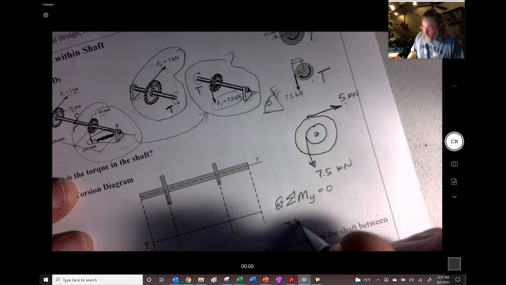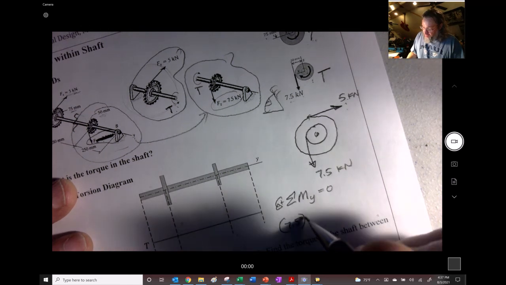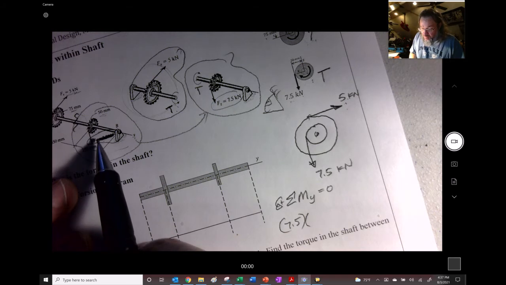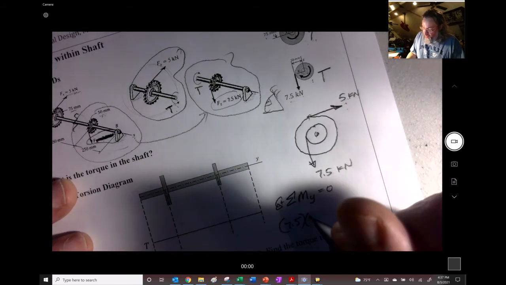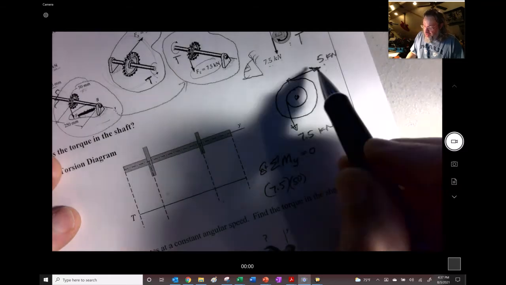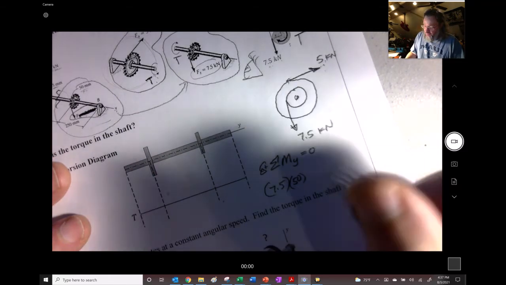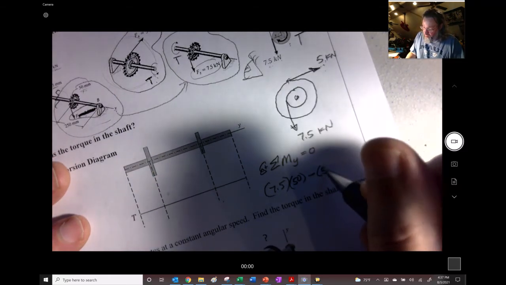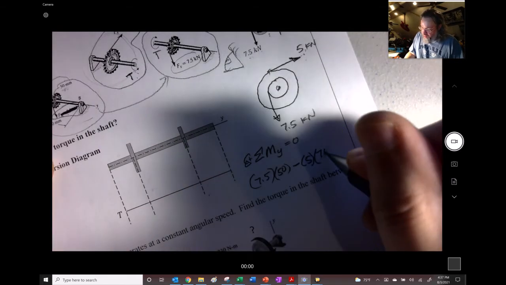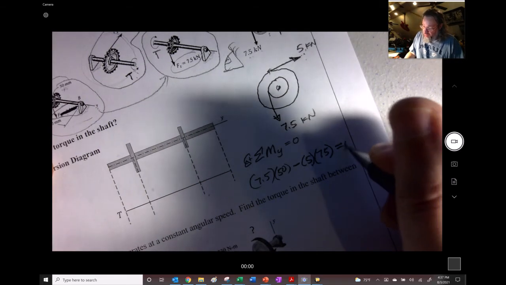We'd have 7.5, and that distance, the radius, is 50 millimeters. I'll go ahead and make it 50 because it's kilonewtons and millimeters, right? And then this guy is negative because he's clockwise, and it's 75.